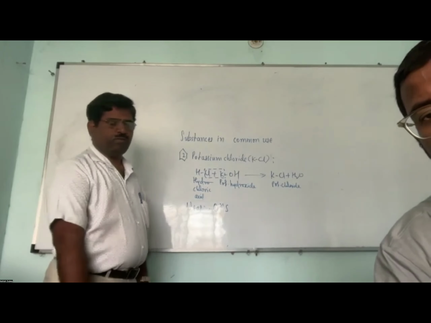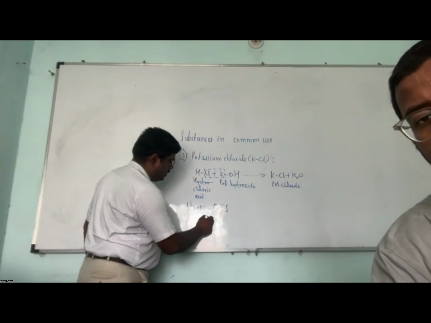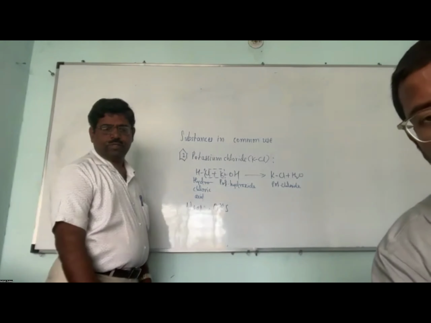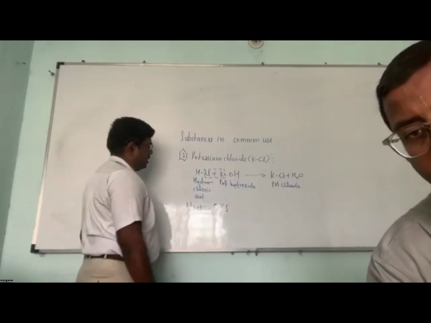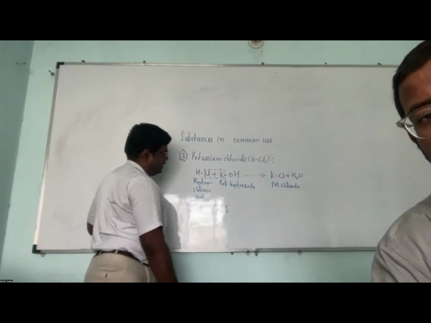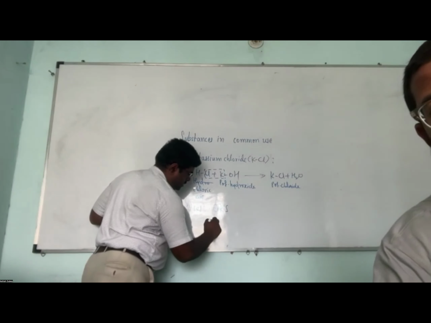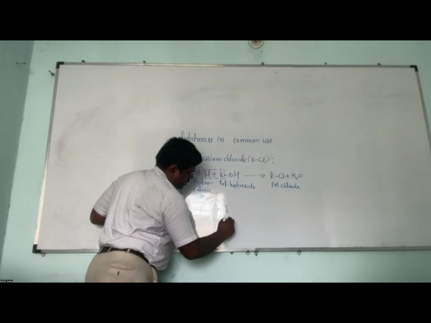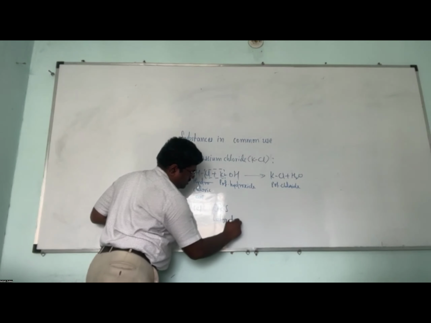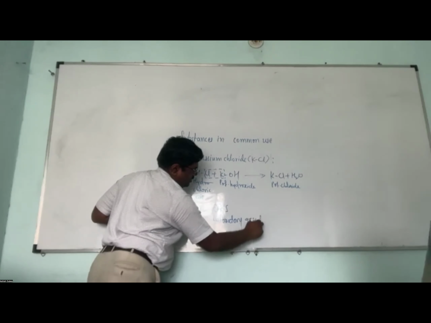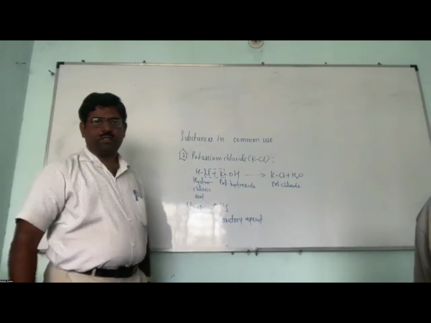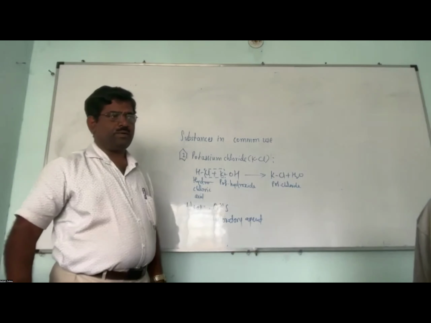You have to take it with water to regenerate lost potassium. Potassium is present in a large amount in banana also. Then potassium chloride is used as a laboratory agent. Is there any doubt?